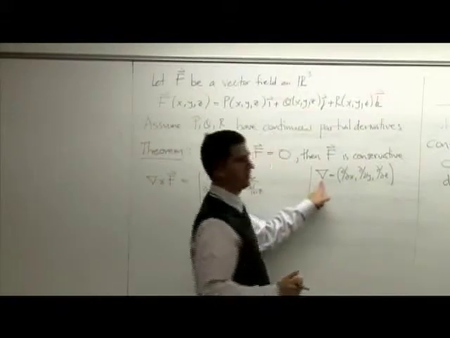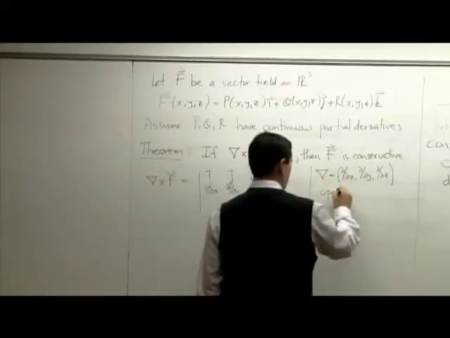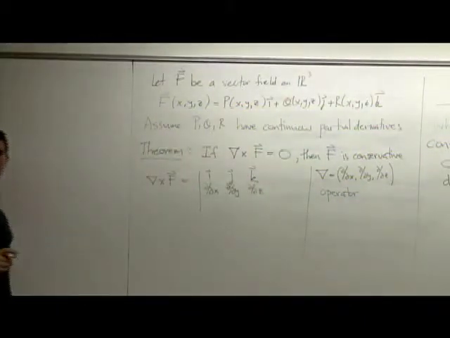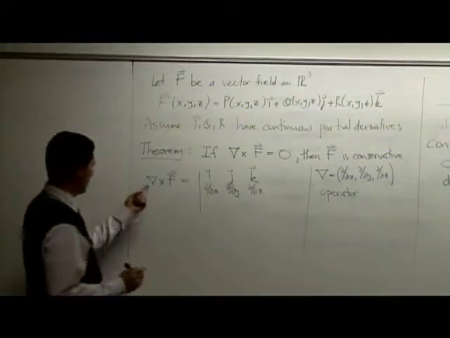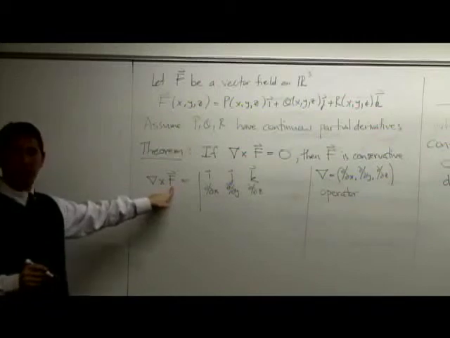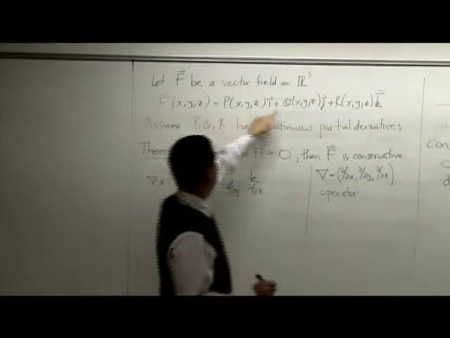So we're viewing this as an operator. Hello, operator. Give me... Okay, so the gradient goes there, and then we can put in f. And what do we put in for f? Well, f is PQR.